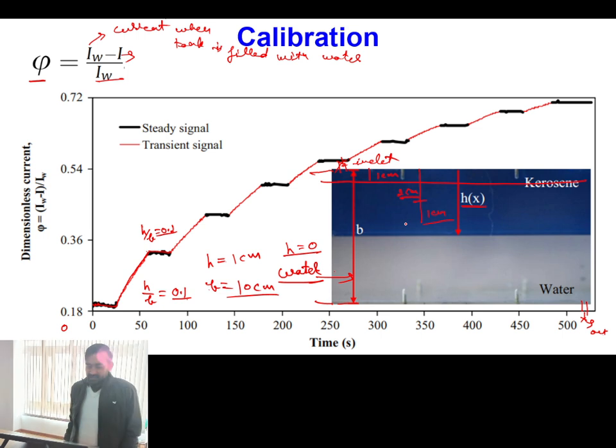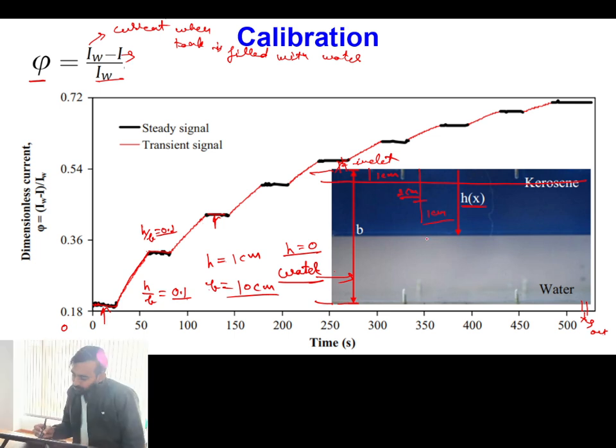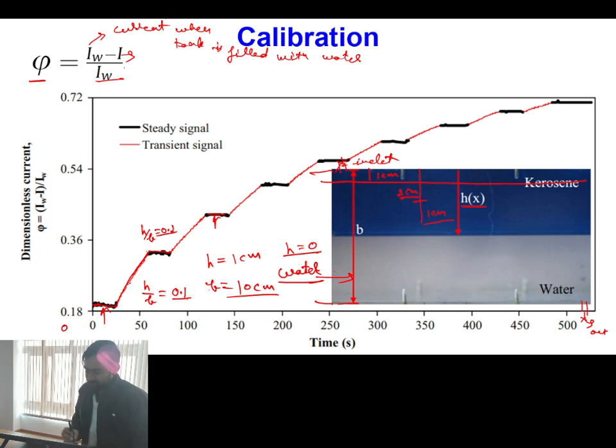So in this way we have observed that when we maintain the interface at any stationary location, we get a constant value of the signal. And whenever we gradually change the height of the interface, my signal also changes gradually.